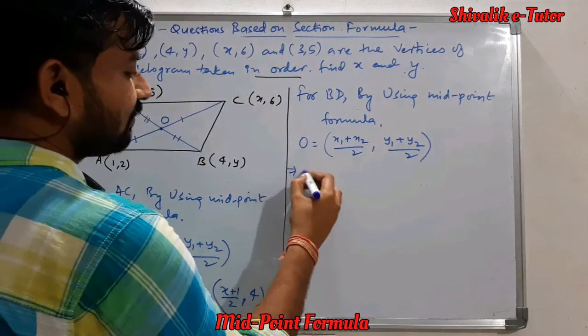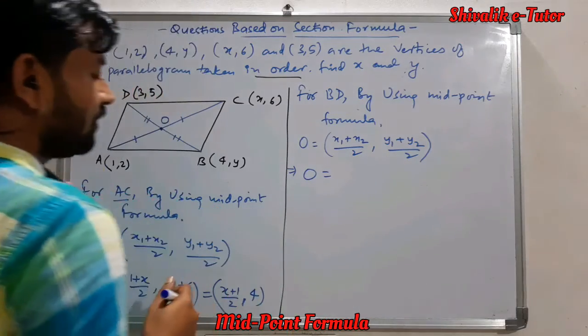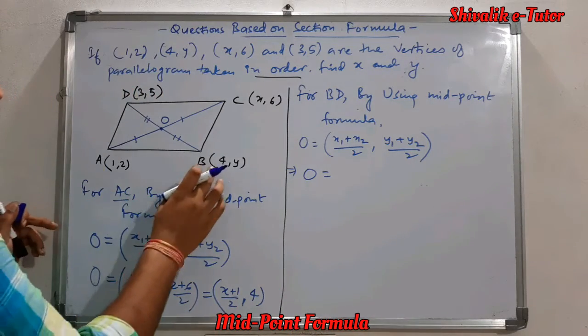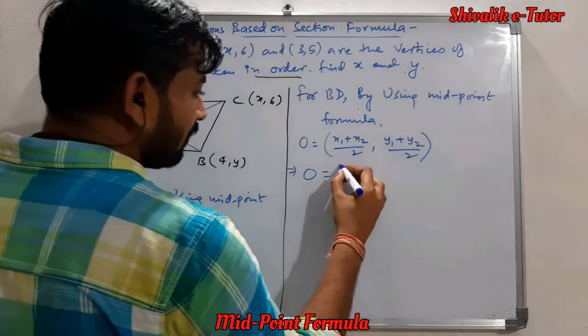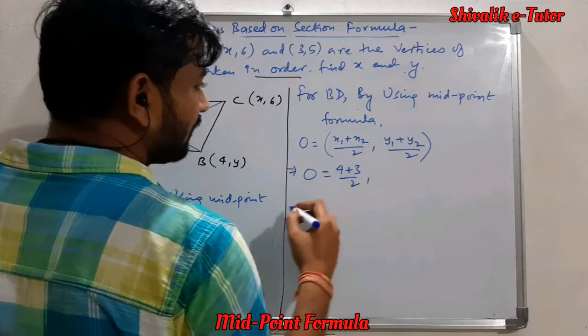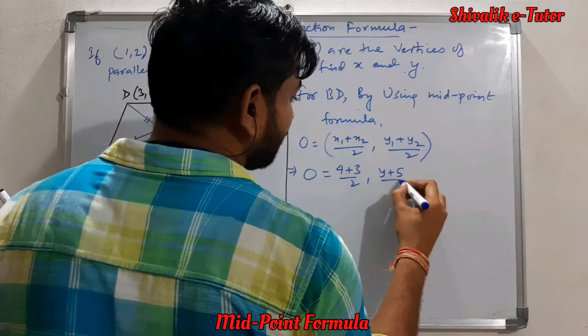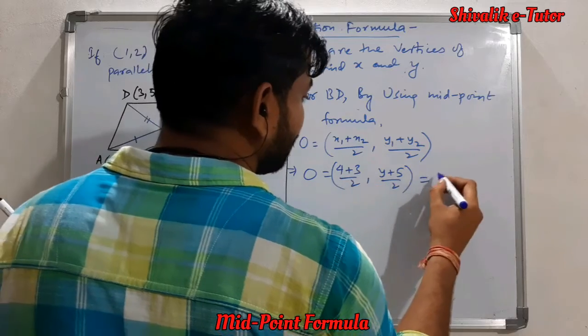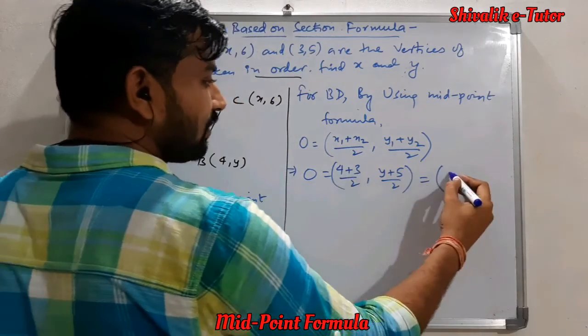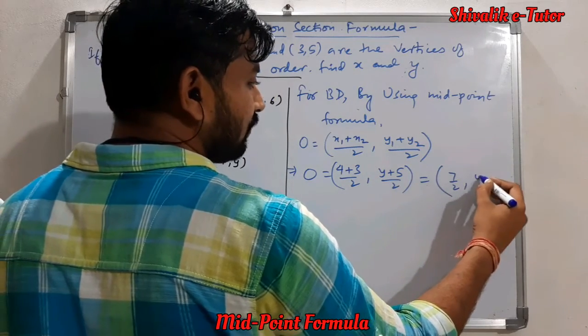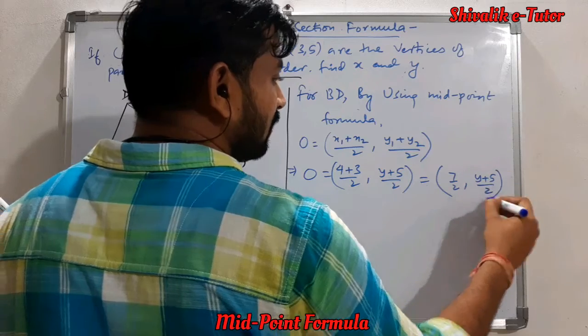When we substitute the values, we get (4 plus 3) by 2 and (y plus 5) by 2. So when we simplify, we get 7 by 2 and (y plus 5) by 2.